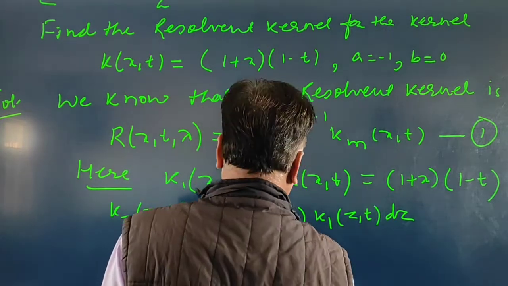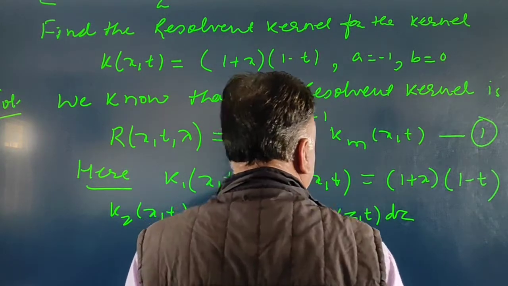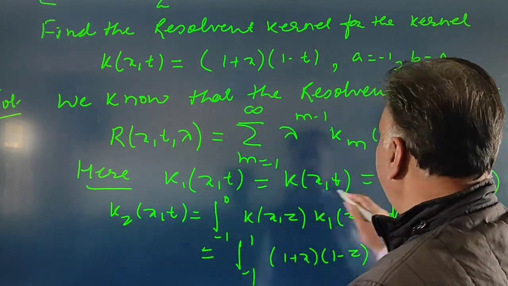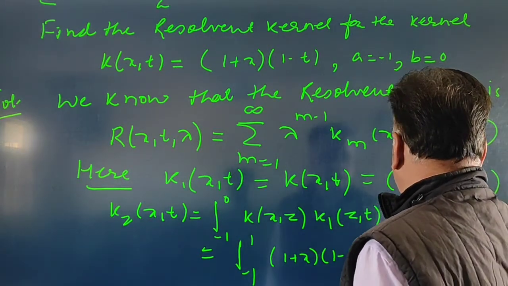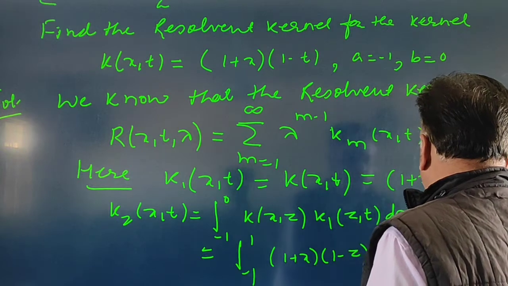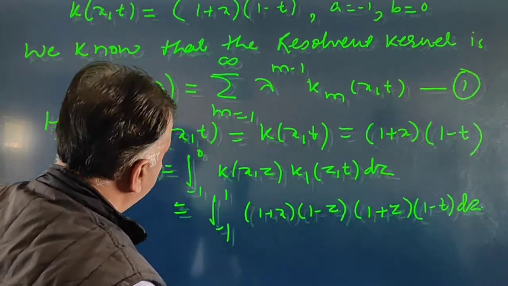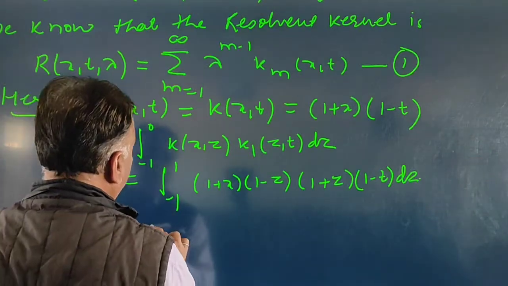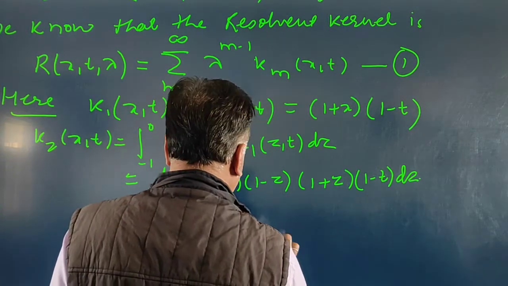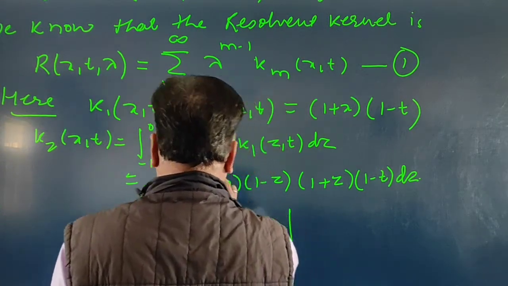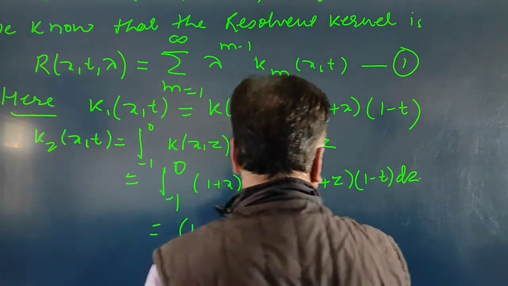K(x,z) is (1 plus x)(1 minus z), and K1(z,t), which we have found, is (1 plus z)(1 minus t) dz. By solving, this is equal to (1 plus x)(1 minus t) outside the integral, minus 1 to 0, of (1 minus z squared) dz. Integrating, we get (1 plus x)(1 minus t) times [z minus z cubed by 3], with limits from minus 1 to 0.